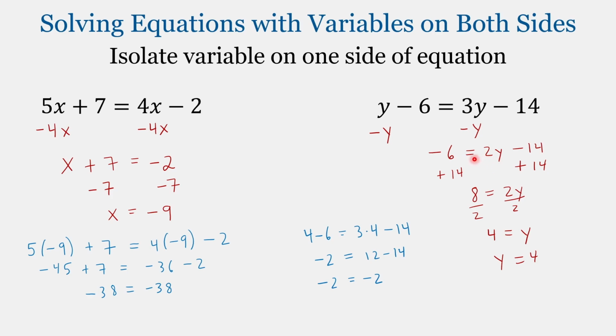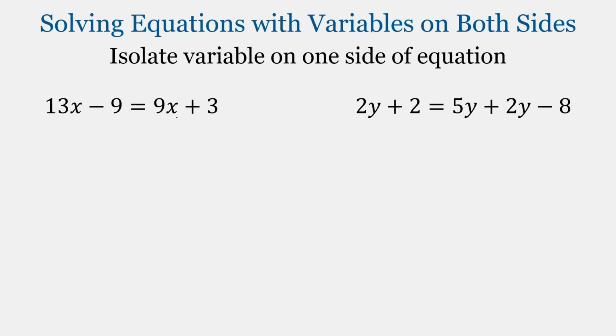If you'd like, you could always isolate the variable on the left side, regardless if the coefficient is positive or negative. Or you could always put it on the right side. So let's practice two more. And again, I will isolate the variable on the side that's going to give a positive coefficient in front of the variable.